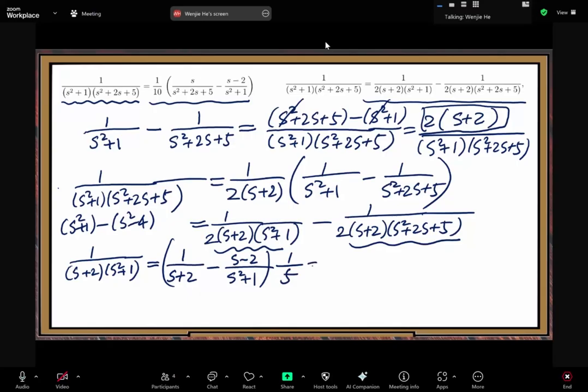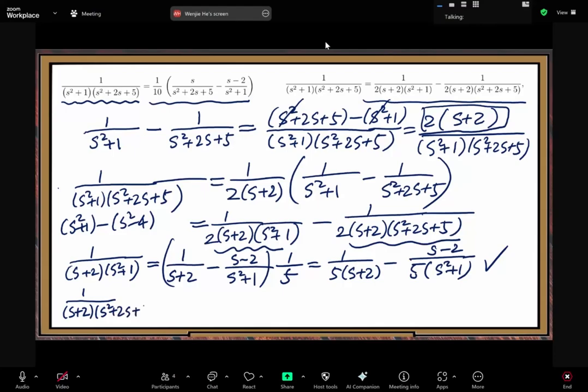So you get s minus 2 over 5 times s squared plus 1. All right, so that's the split, ready to go. That one, the second one, this time s plus 2 minus.